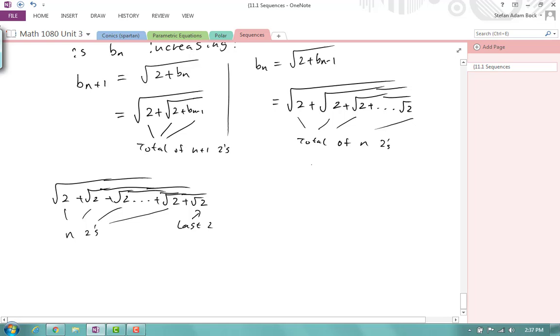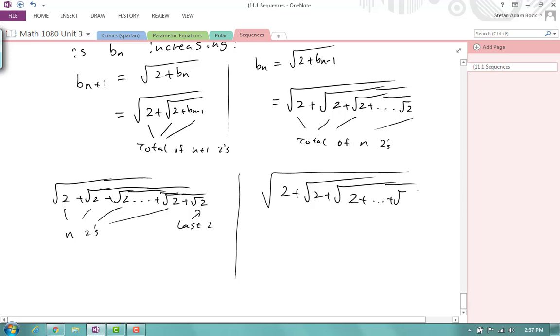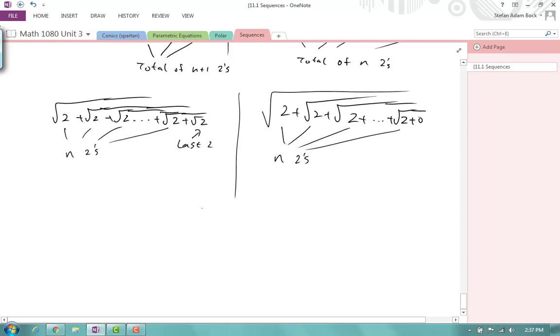Versus over here, there's the square root of 2 plus the square root of 2 plus the square root of 2 plus square root of 2 plus 0, and here I have n 2's. So it's really kind of ugly, but since 2 plus the square root of 2 is larger than 2, this sequence is increasing.